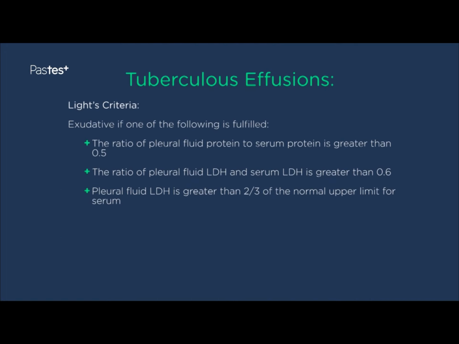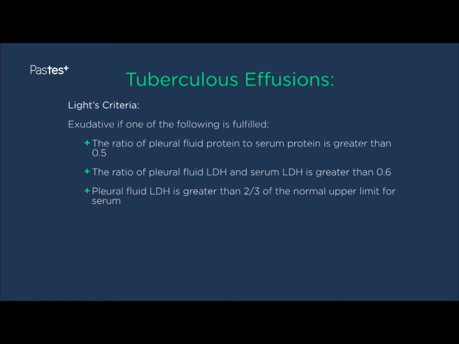You notice that our patient had a pleural fluid protein content of 41 grams per litre. That's quite high and would be indicative of an exudate. But to define whether a patient has an exudate for sure, you need to apply Light's criteria. And just a reminder of these criteria: if one of the following is fulfilled, the patient has an exudate.